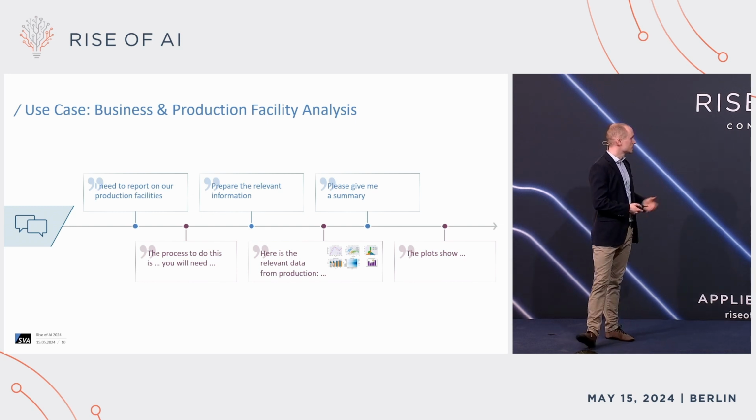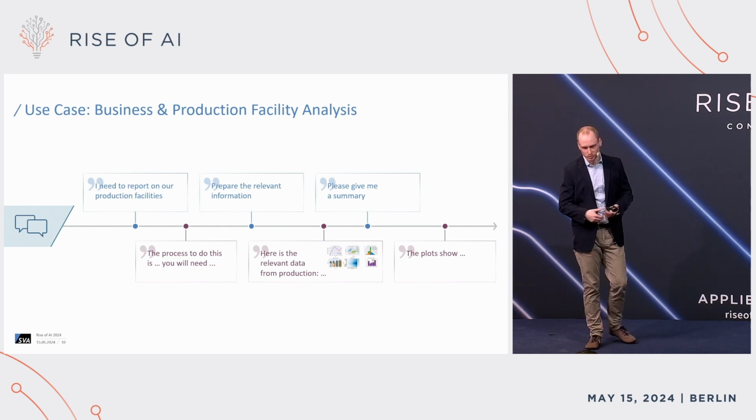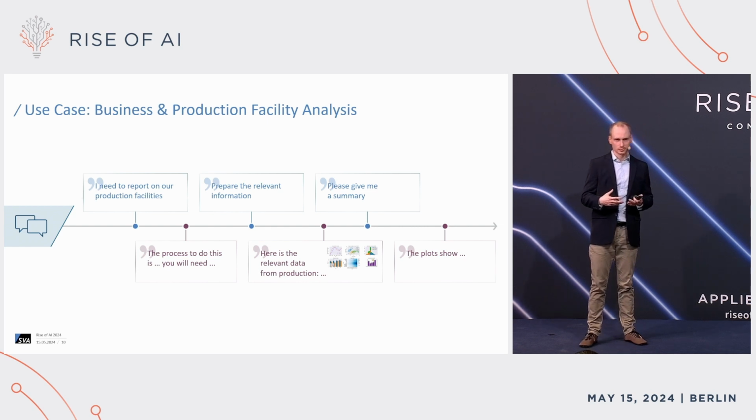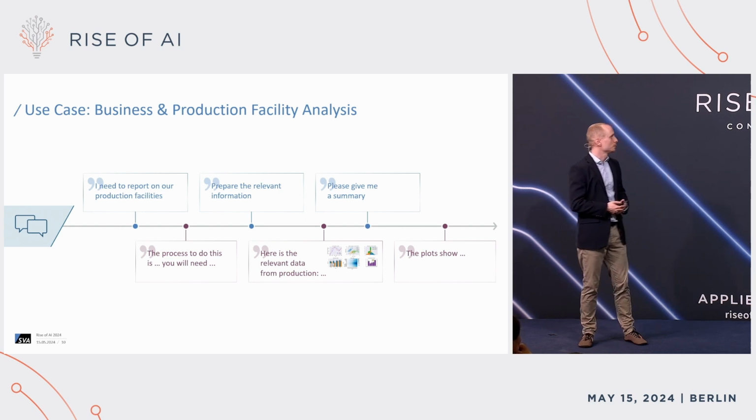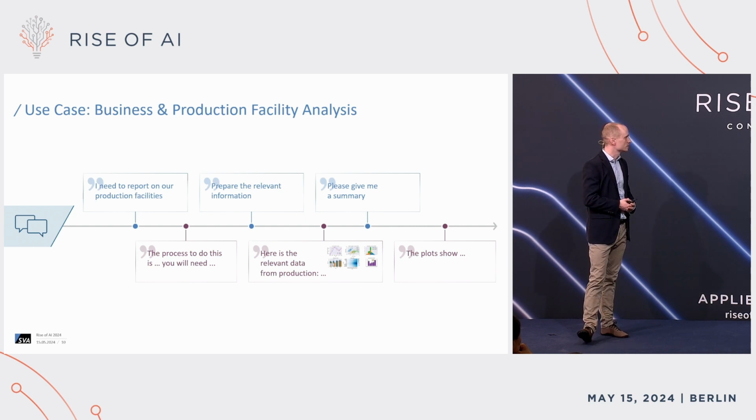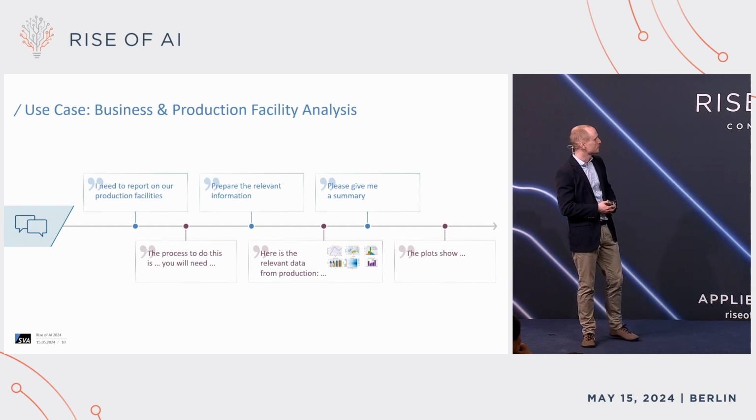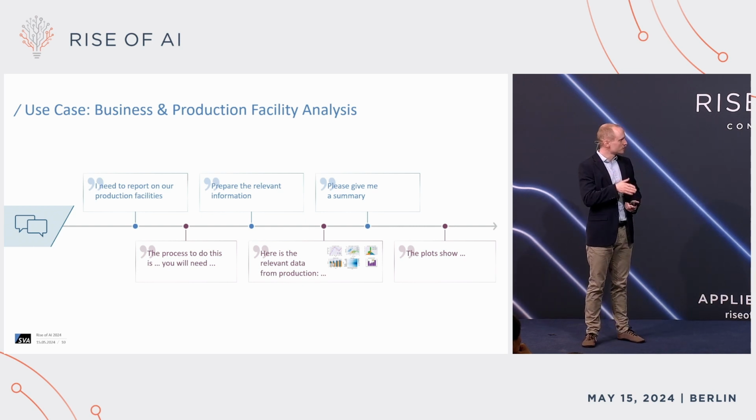So for example, somebody needs to report on production facilities, and then we will recognize the process. Also where the client is specifically in the process chain. So usually you have many processes chained together, and there you can then know where you are specifically in this kind of chain.